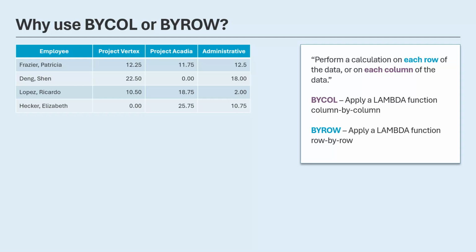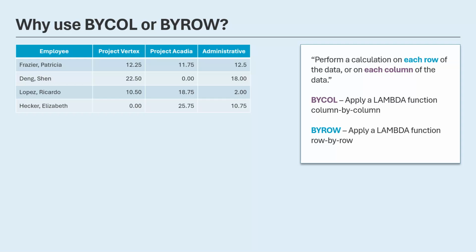If you want to perform a specific calculation on each row of the data, going down the page, you want to use the BYROW function. And similarly, if you want to do a calculation on each column of the data, one column at a time, you will use the BYCOL function.